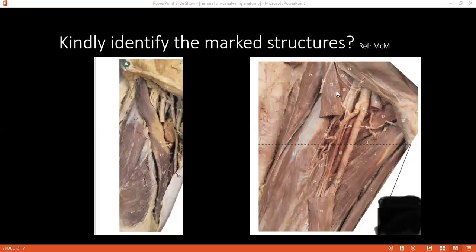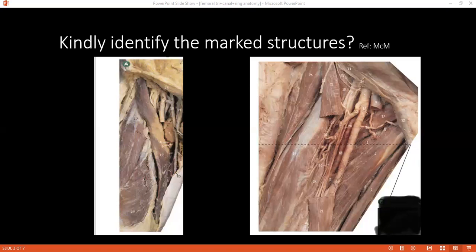So iliacus and psoas, as you were saying, are lateral. Number 1 and 2 would be pectineus and adductor longus in this picture; the medial is 1 and 2. The lateral has vein, artery, and nerve, and this medial side is the pubis, the bone.